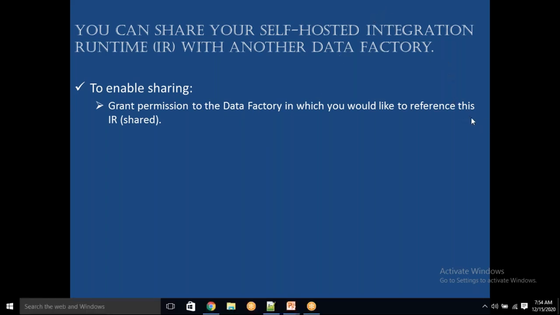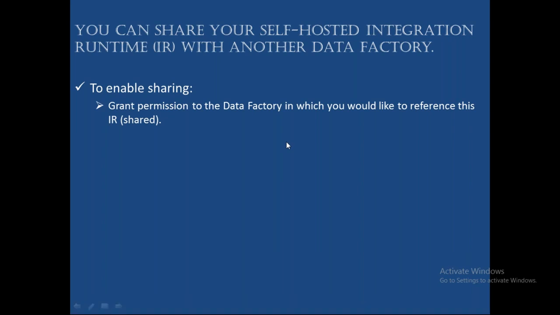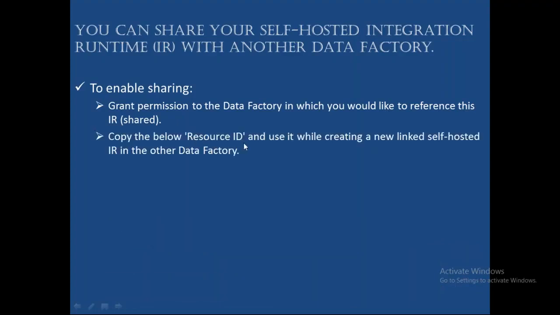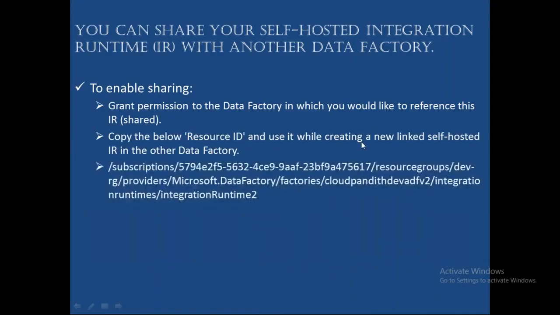So for that, what I will do is I will just grant the permission to my UK data factory. I will grant the permission to the UK data factory. That's what I will do. The second step is you will copy the resource ID below and use it while creating a new linked self-hosted IR in the other Azure data factory.